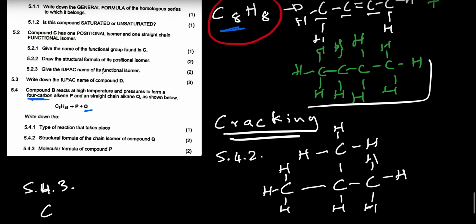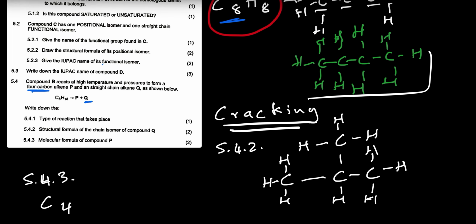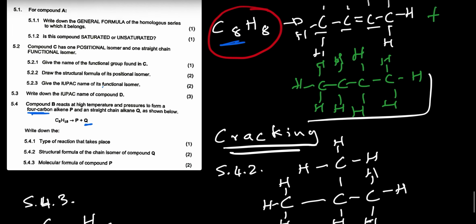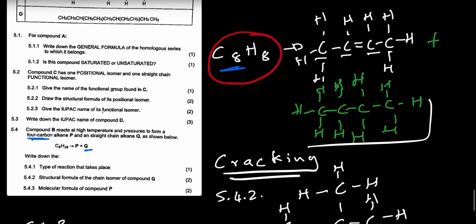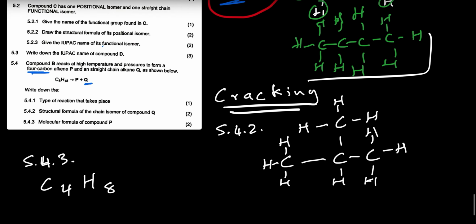So that's going to be C4. Because this is an alkene, I know that hydrogen is just going to be 4 multiplied by 2, which should be 8. But you can count there to check how many are there. 1, 2, 3, 4, 5, 6, 7, 8. So we have this as the molecular formula of compound P, C4H8.